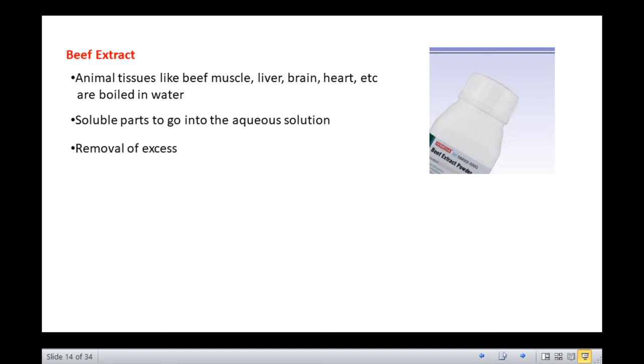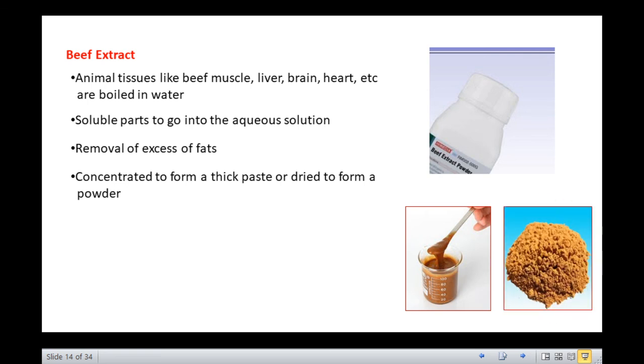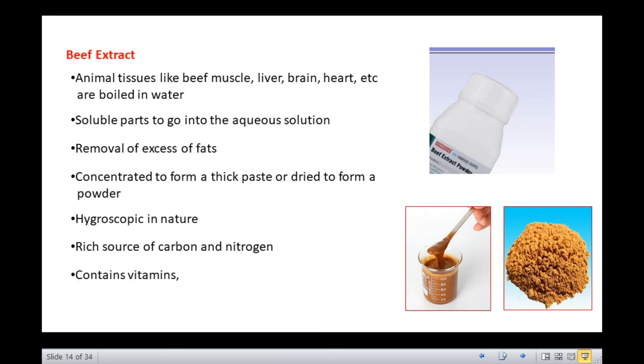After the removal of excess of fats, it is then concentrated to form a thick paste or dried to form a powder. This powder too is hygroscopic in nature. It is a rich source of carbon and nitrogen and also contains vitamins, amino acids, growth factors, and minerals.